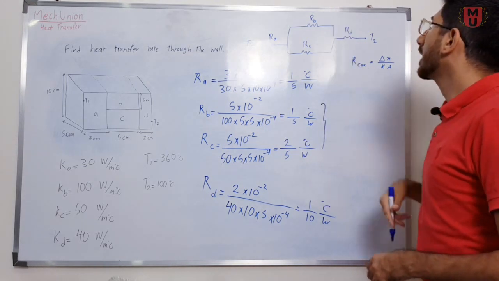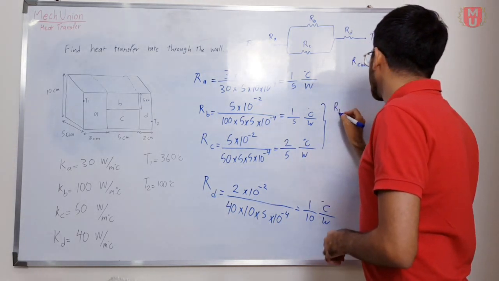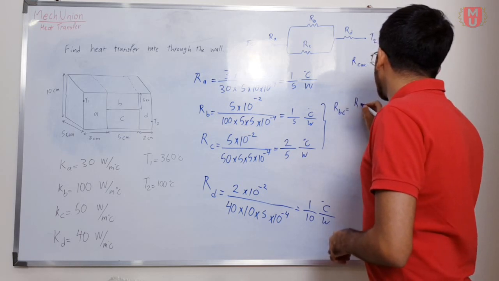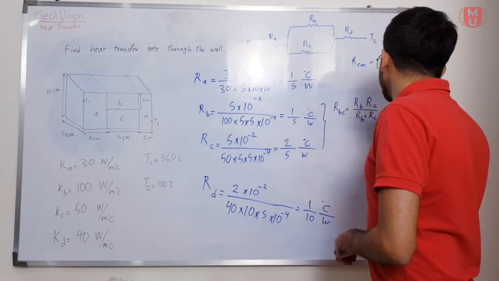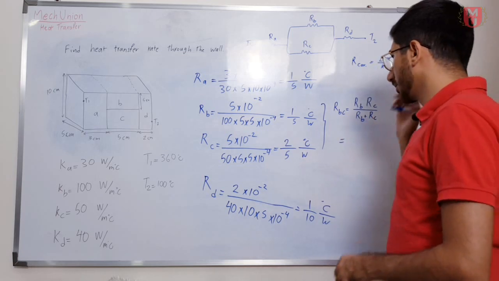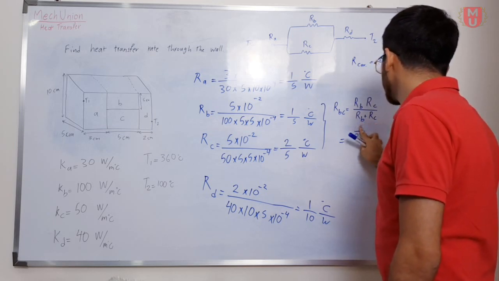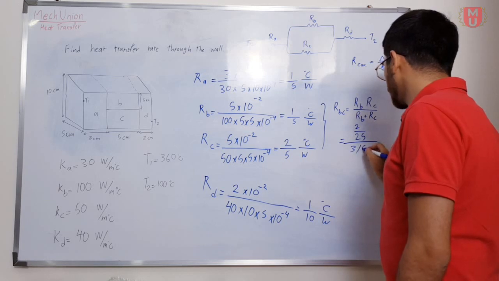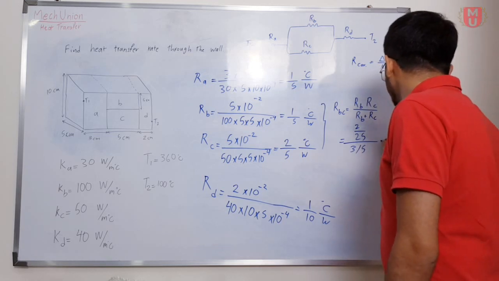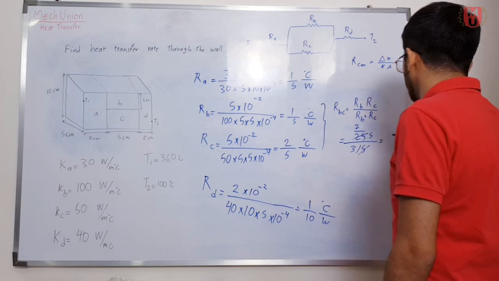As it is a parallel resistance, we use the formula we know from electricity: R of BC is equivalent to R of B times R of C over R of B plus R of C, which will be 2 over 25, 3 over 5, which will be, we simplify 5, 2 over 15.